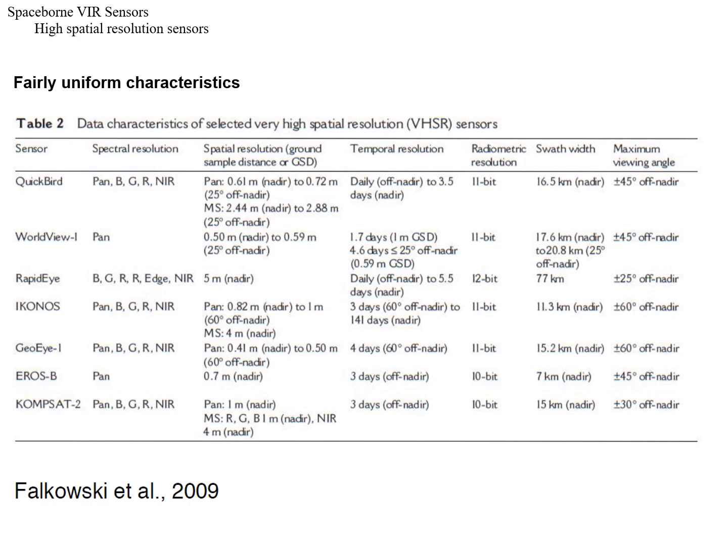So here's a variety of different sensors that fall into this characteristic of very high spatial resolution sensors. The spectral resolution, again, follows one of 2 patterns, a panchromatic band and then a blue, green, red, and near infrared band. The panchromatic band, second column, will generally have 1/4 the pixel size of the multispectral band.